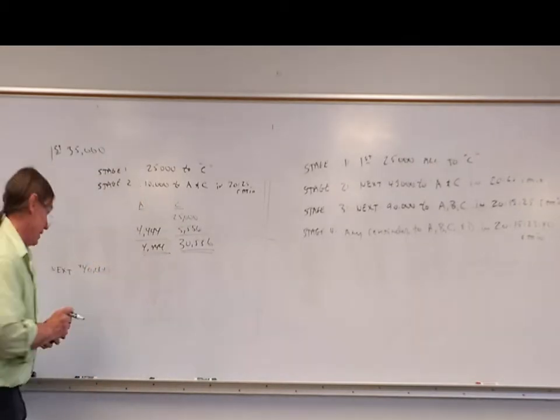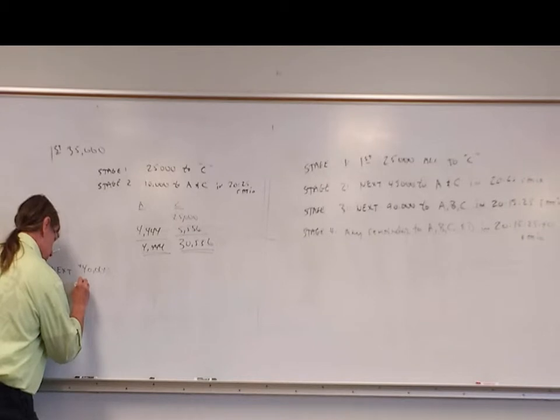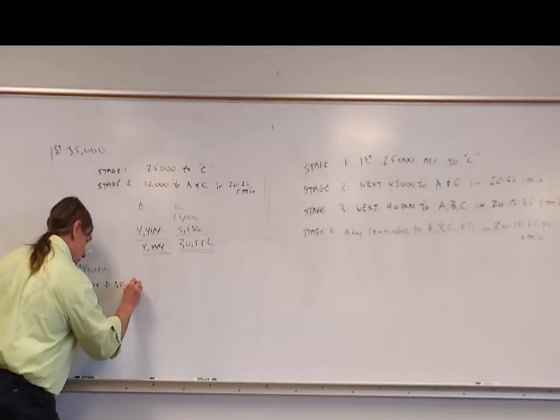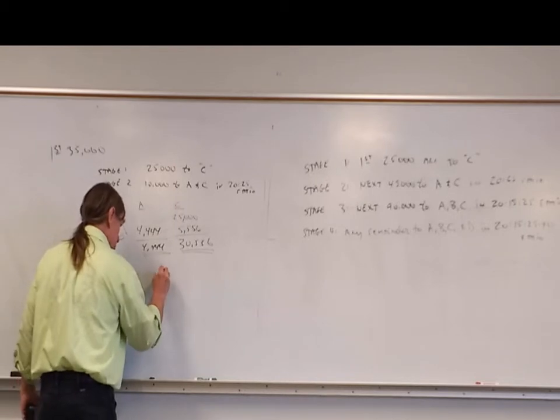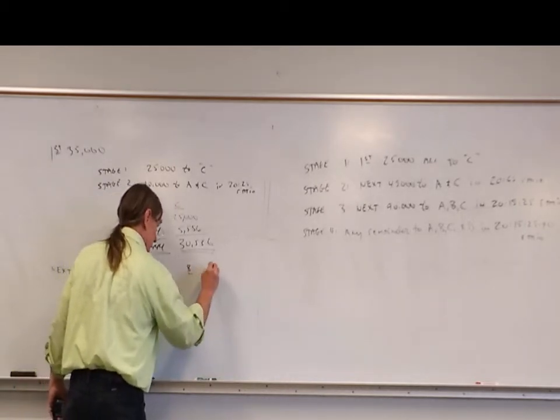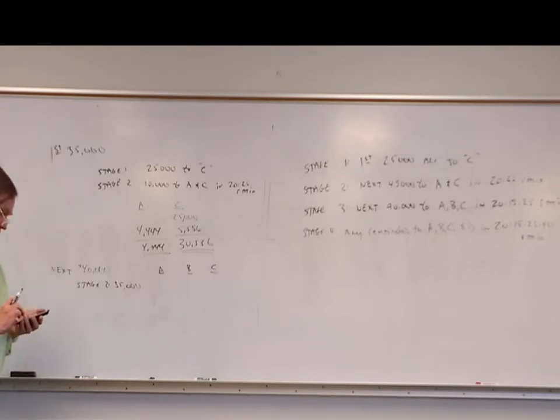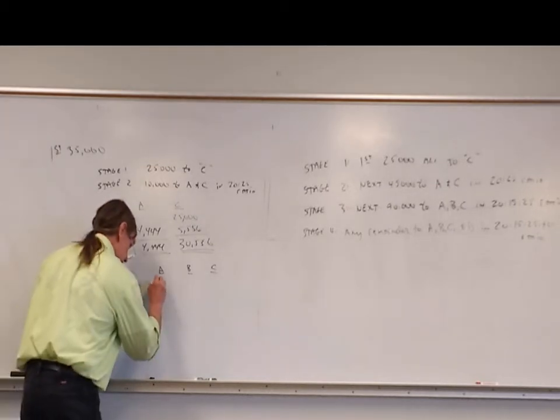So there's still $35,000 left in stage 2. And again, that's going to be split between A and C in that 20 to 25 ratio. So 20 divided by 45 times 35,000. So A is going to get 15,556.